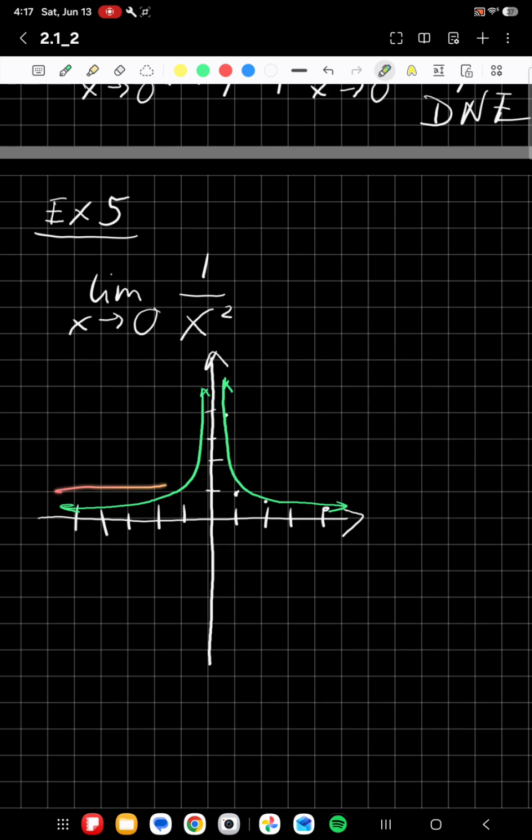My x's are getting closer and closer to 0 from the left, and y's are getting bigger and bigger. So the conclusion is, when the values of the function go to infinity, the limit doesn't exist. Okay, so that's our conclusion.